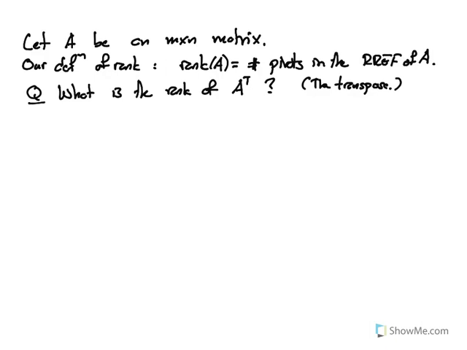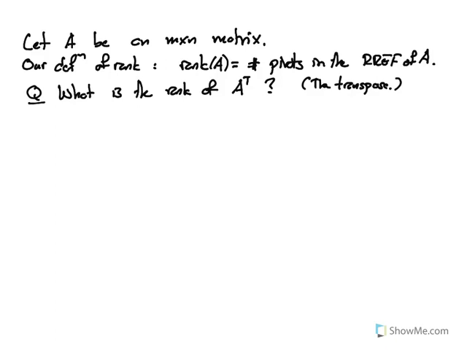It would be sort of, you reflect it through a 45-degree angle, and then what used to be columns of A become the rows of A transpose, and you're really operating on the columns of A. And a priori, at first, there's no reason to believe that there's any obvious connection between these.